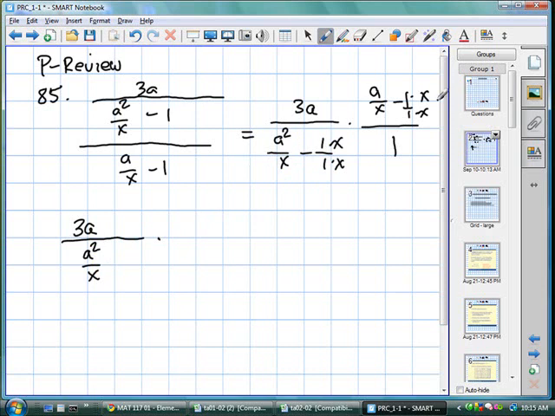And up here, now I can bring this together because I have a common denominator x. You know what? I didn't do that right, did I? There we go. On the top here, that would be a minus x over x. And on the bottom, we have a 1. Okay?